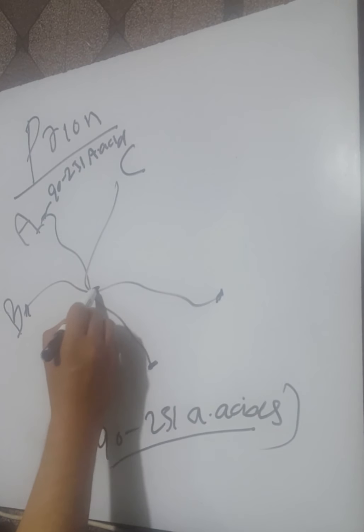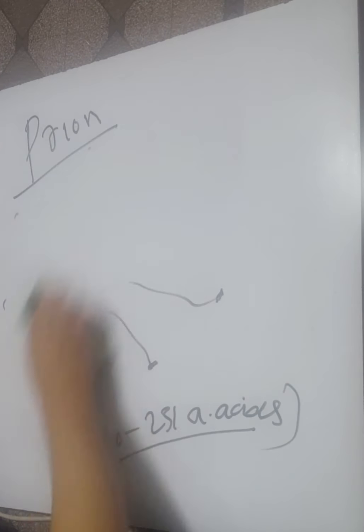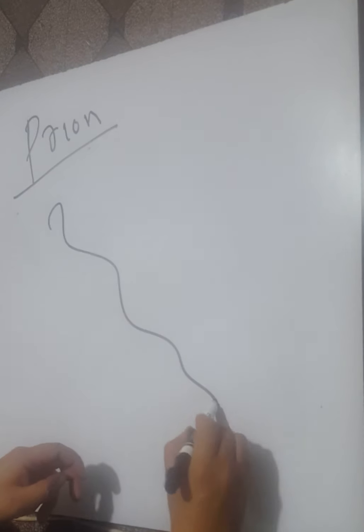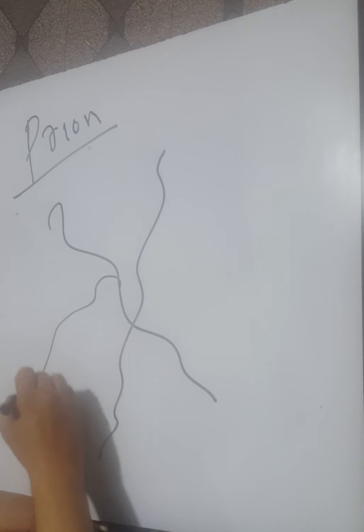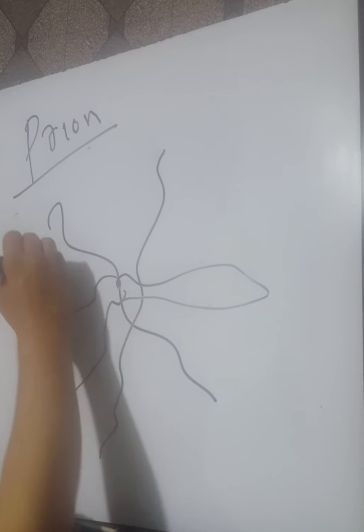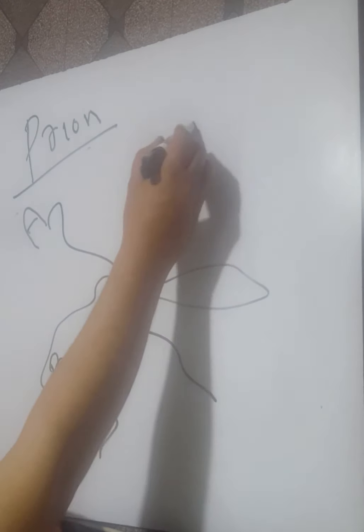In these structures, the prion has a normal structure. It cannot cause diseases, but the other structure that causes diseases we will discuss here. This is the A unit, this is the B unit, and this is the C unit.